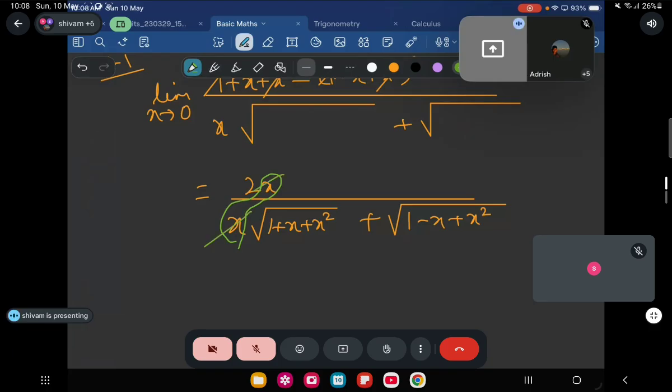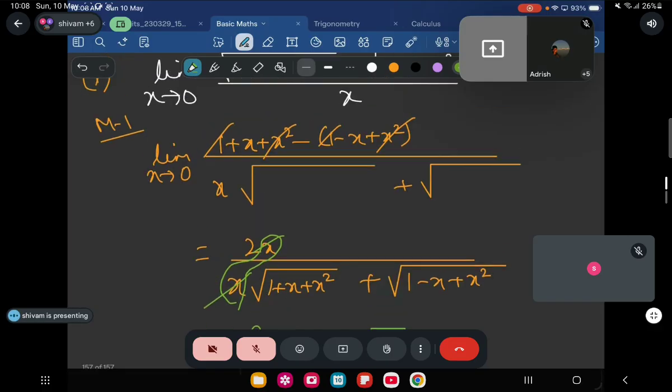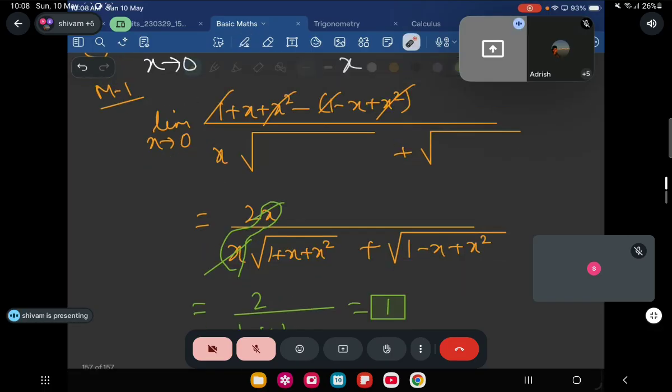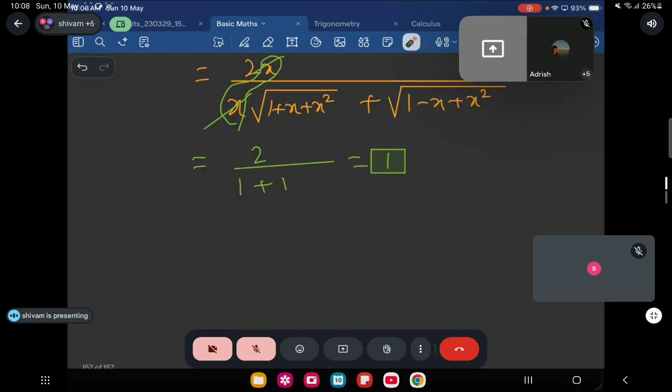So this x and x will get cancelled. Finally, what are you getting? Put x equal to 0. You will get 2 by 1 plus 1, that is 1. Tell me, is it clear, Ridhaman? Should I explain? When you substitute x equal to 0, this is 0. Okay, done.